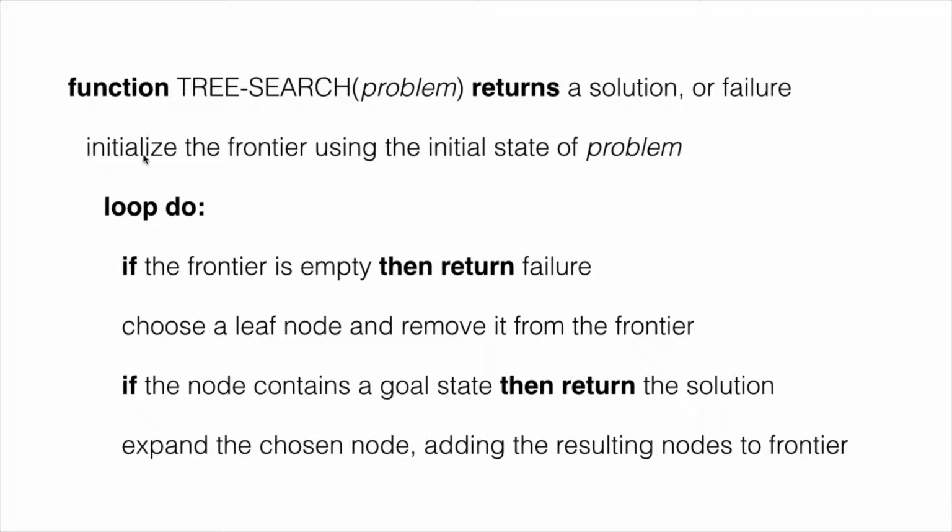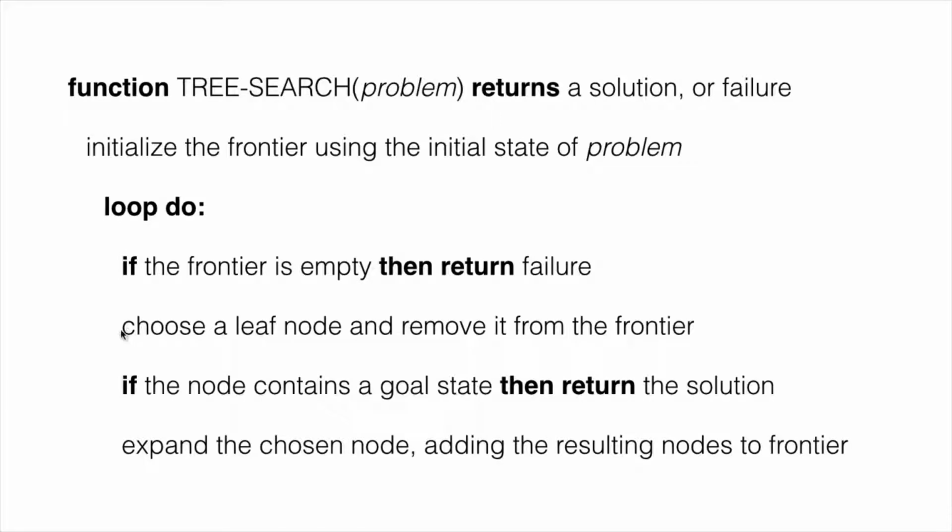First, you initialize the frontier. You put the initial state of the problem in the frontier, and then you just repeat this inner loop. That's the whole thing, just this one loop. Okay, so you loop this. You say if the frontier is empty, then you fail. You say I failed, I couldn't find a solution.